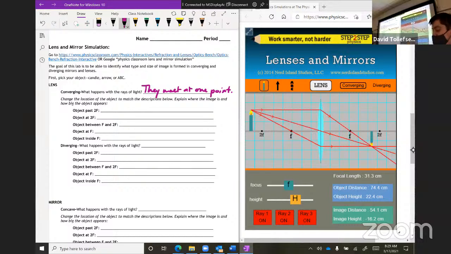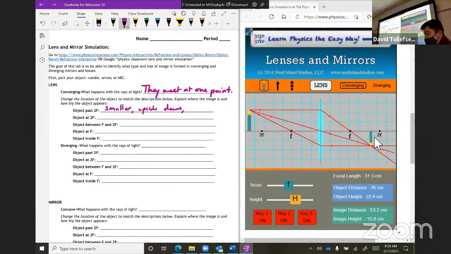So if I put the object past 2F, what do you notice about this image? It's smaller. Is it right side up or upside down? Upside down. And is it on the same side or the opposite side of the lens?